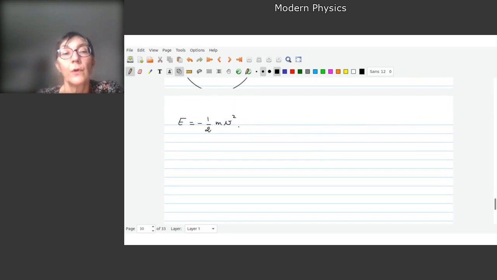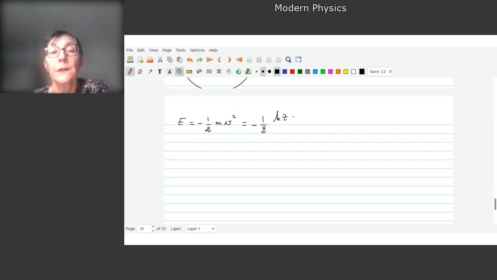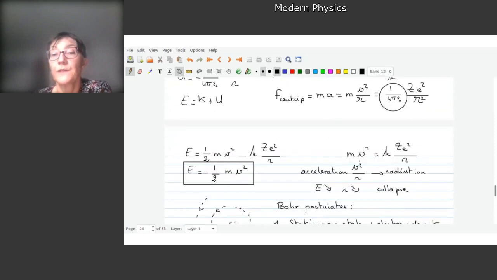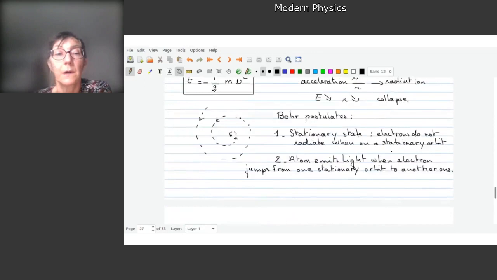We already know the energy as a function of R. Let me write it here: minus half of k Z e square over R. This is what we already found before, since mv square is k Z e square over r.